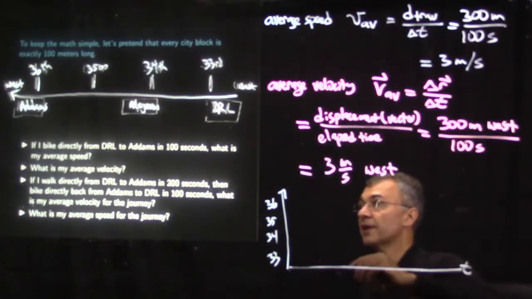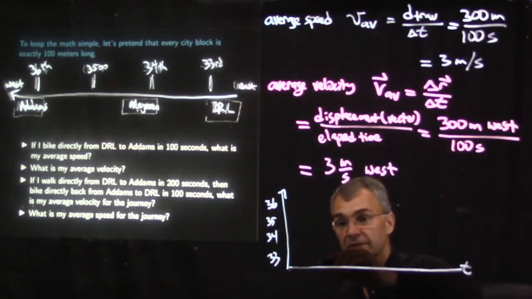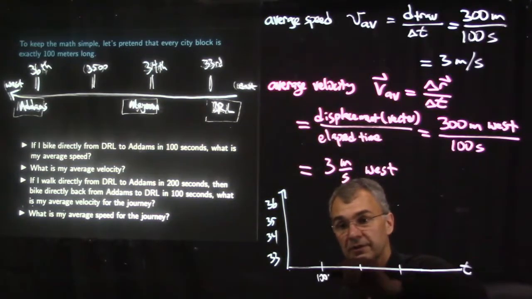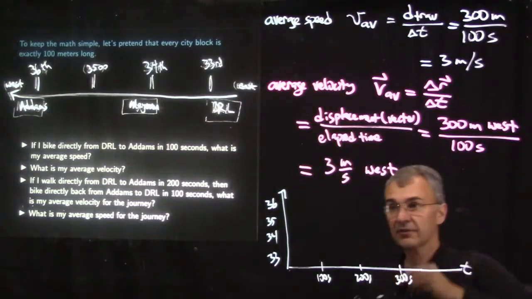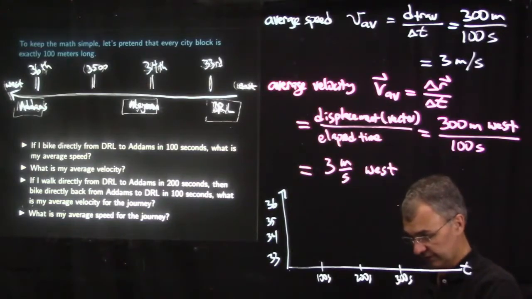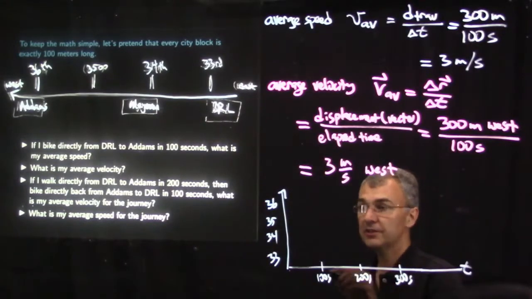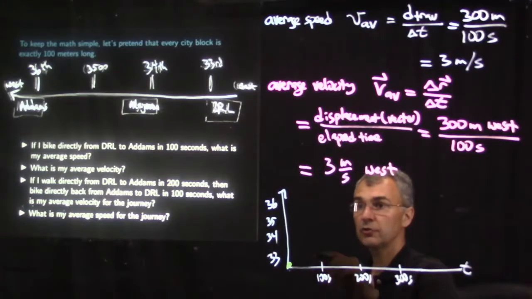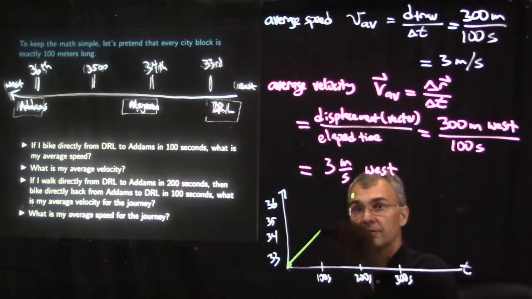So here's 100 seconds, 200 seconds, 300 seconds. So what am I doing? I'm going from DRL to Addams in 200 seconds, like this.